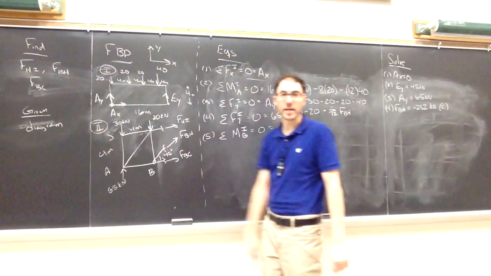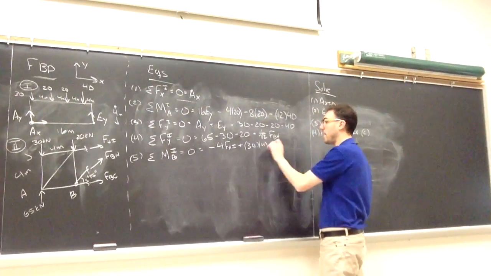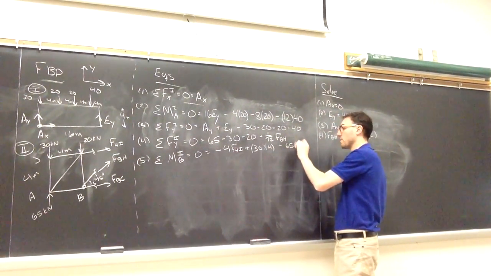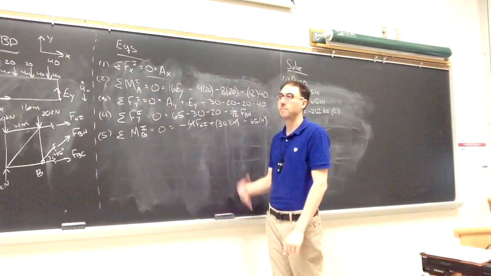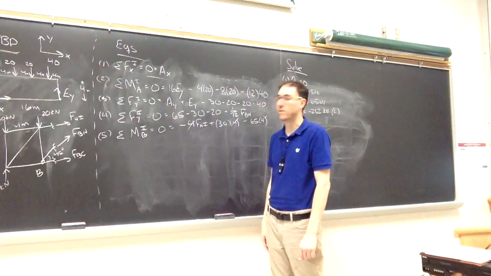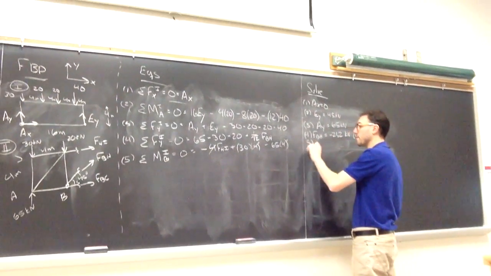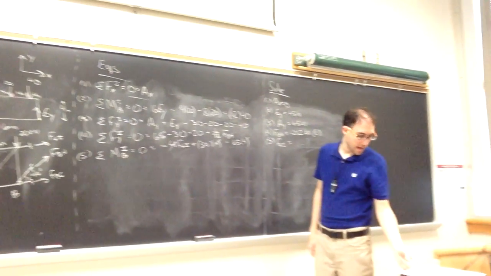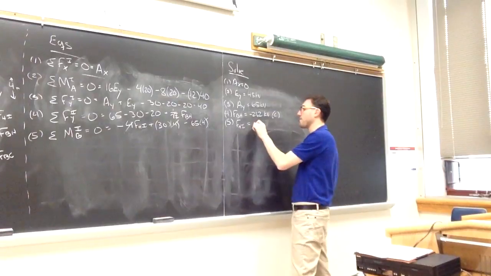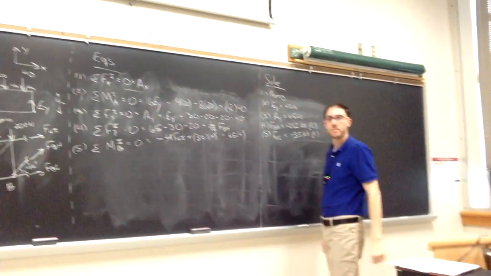I'll have the 30 kilonewtons, 30 times 4, minus 65 times 4. Conveniently in this one, because everything is 4 meters apart, the 4s all drop out. So based on that, FHI, I get a negative 35 kilonewtons. So this too is in compression.